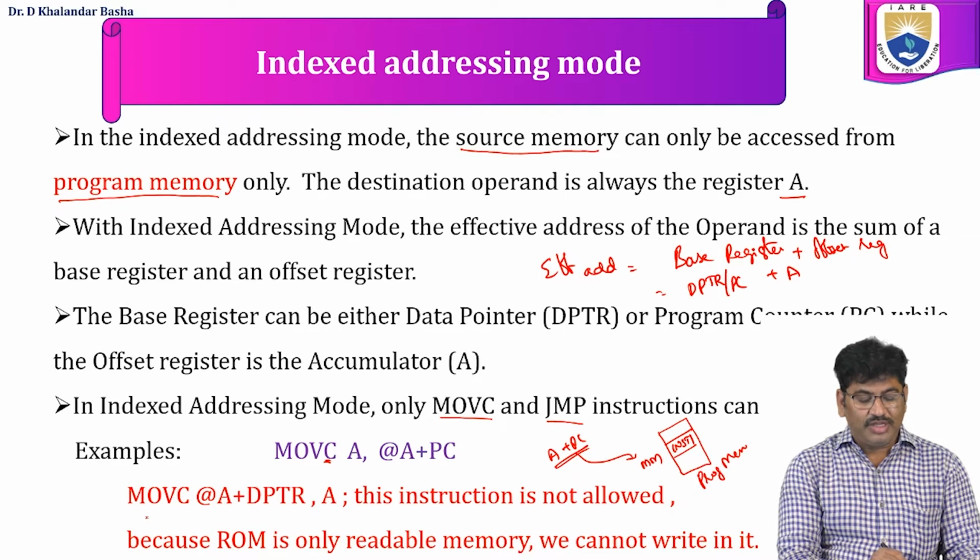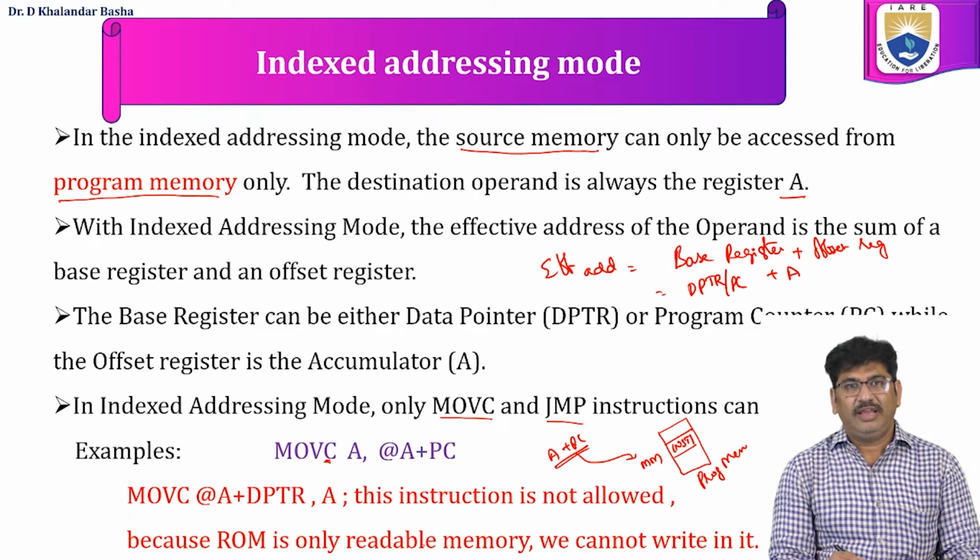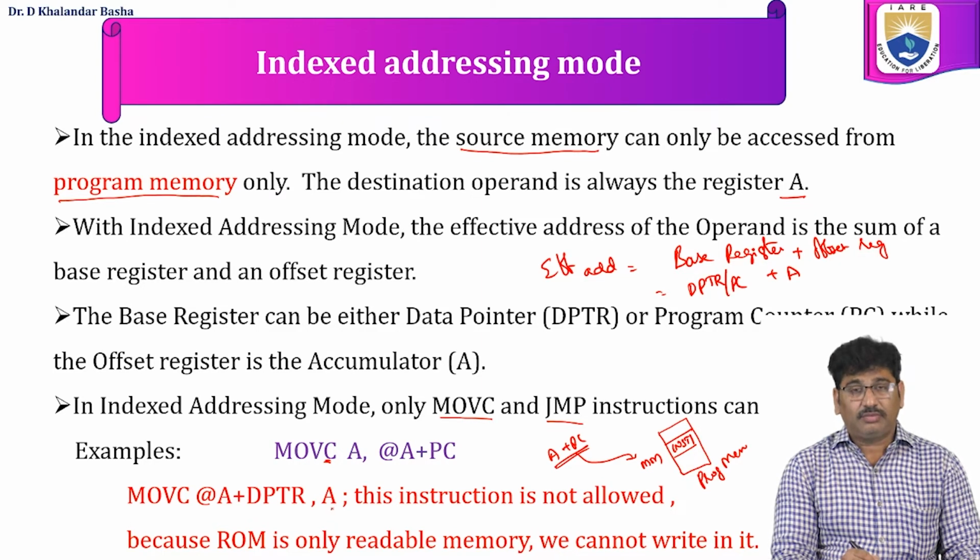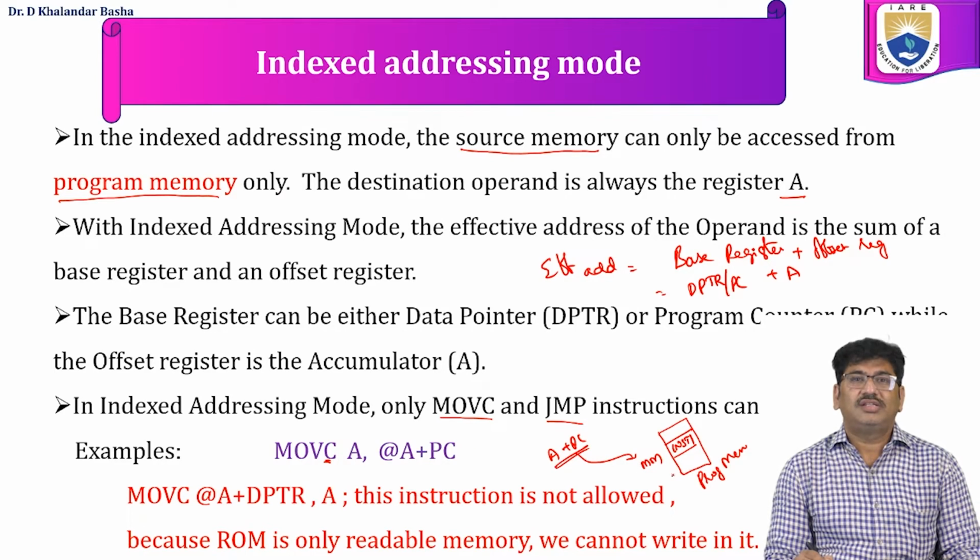The second example is MOVC @A+DPTR, A. Here the contents of the accumulator would be loaded into the program memory whose address is specified by the addition of accumulator and DPTR.